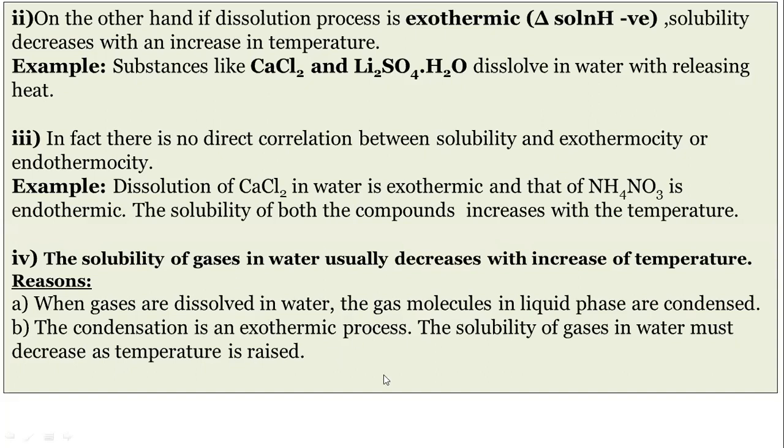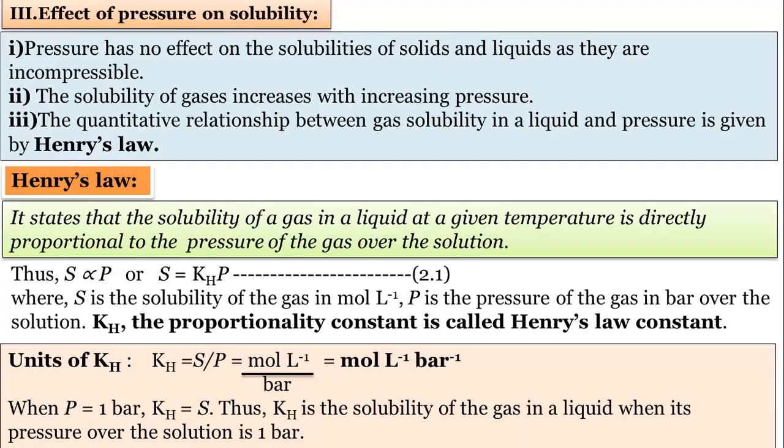In summer days, the fish prefer to stay at the lower side of the pond, because on the upper side, the dissolved oxygen will be evolved. This is a good example of solubility of gases decreasing with increase in temperature.